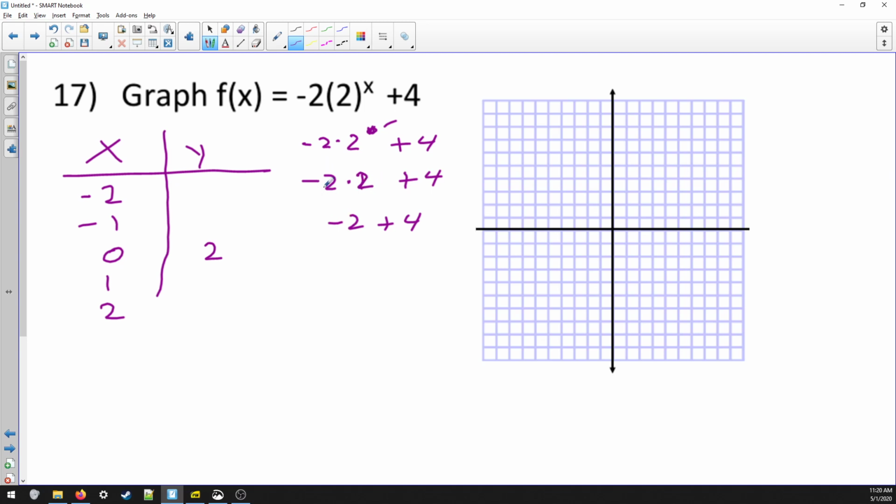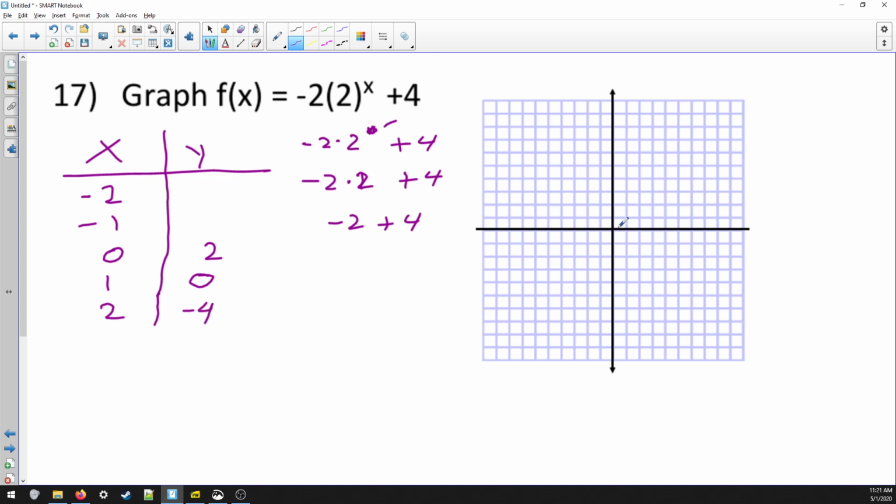This will be -2 times 2, which is -4, and -4 plus 4 is 0. And then this next one is going to be 2 as the exponent, so that's 2 squared, which is 4. 4 times -2 is -8. -8 plus 4 is -4. Okay, so those are 3 of them.